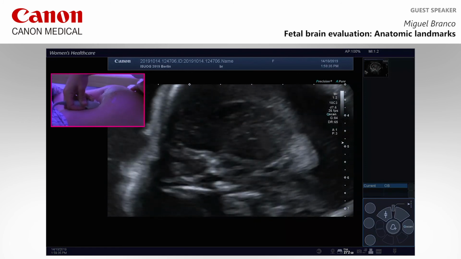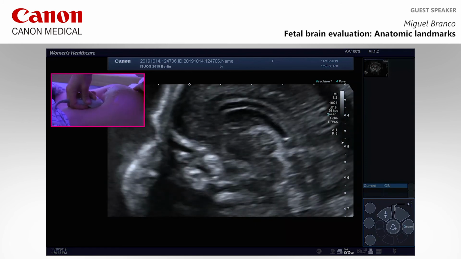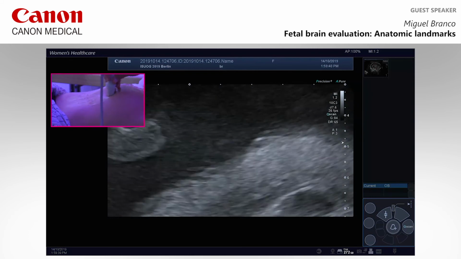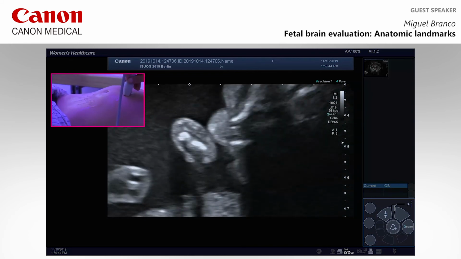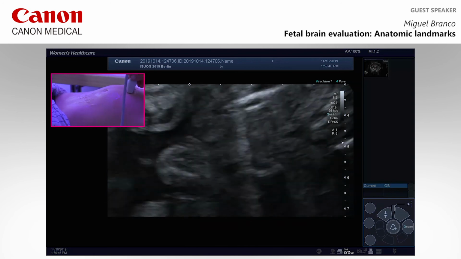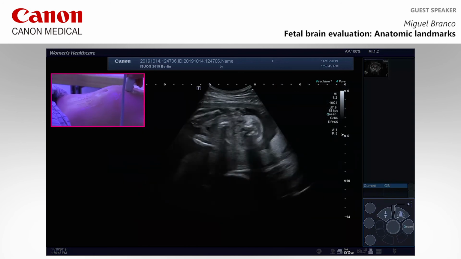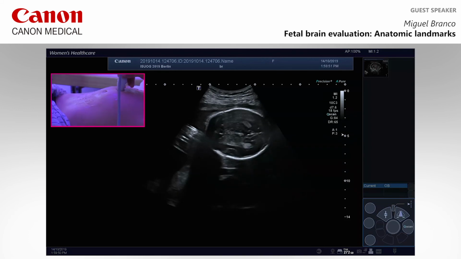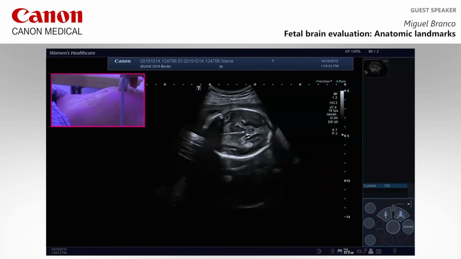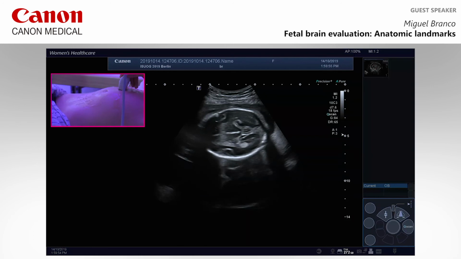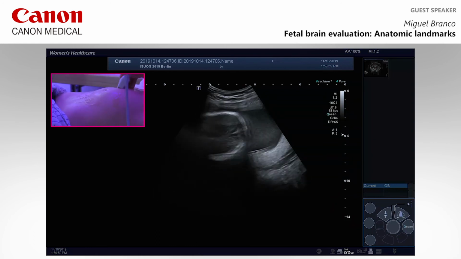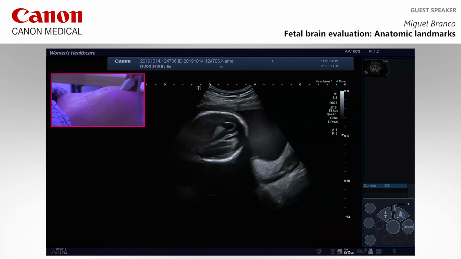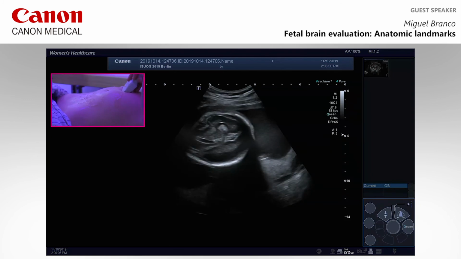How do you measure the ventricle which is near to the transducer? We don't have really any magic to measure the proximal one, because if we try to measure like this, we will take an image that is not perpendicular, so we should not measure.